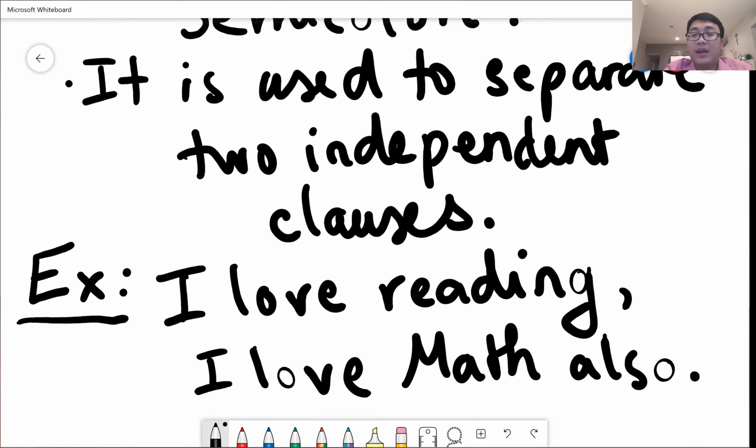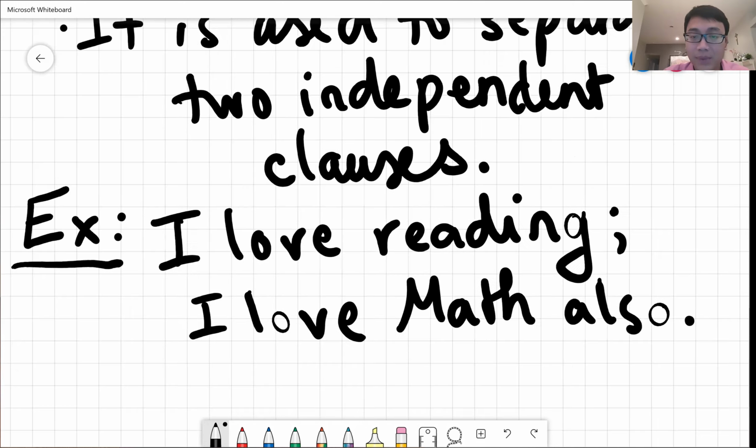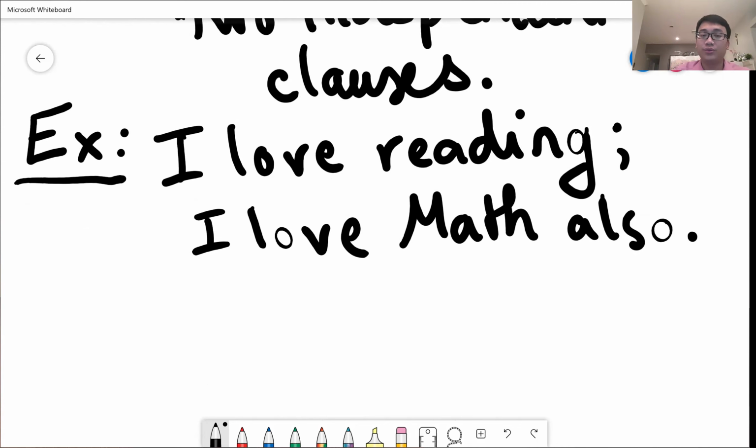Now, if there are two independent clauses, you must separate them with a semicolon. If you put a comma right there, it's called a comma splice. So if you see a semicolon, the first question you ask yourself is, are the two sentences independent clauses? Okay, so that's the only rule I need you to remember on the SAT when you see a semicolon. It must separate two independent clauses.